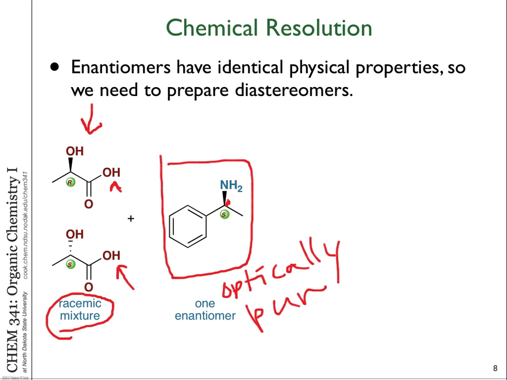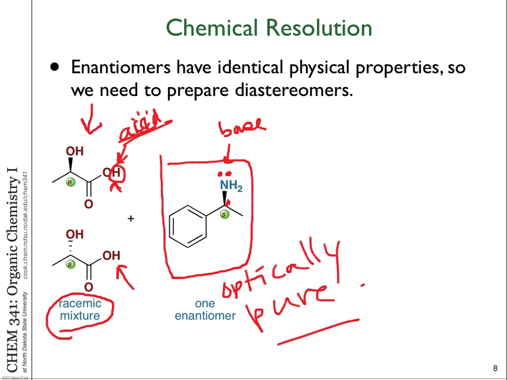Now, I don't care that you really understand all the chemistry right now, but I will say, since we have a Bronsted acid site on this, a carboxylic acid, and we have a nitrogen with a lone pair, which is a base, we can have a proton transfer occur. Proton can transfer from the acid to the amine to make a carboxylate anion and an ammonium cation. That forms an ionic salt.